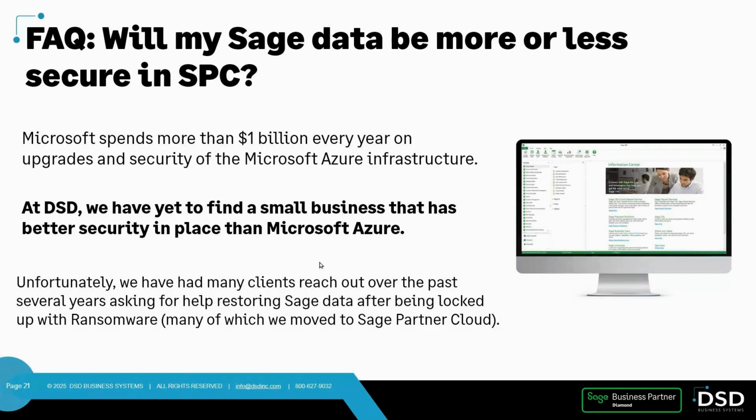It is behind a wall, so people cannot get into it. It's not open to the general public. A lot of times with local servers, a server can be stolen. We've had servers stolen, and that's not going to happen in this scenario. Obviously, there's no real server to steal, so it's protected in that regard.